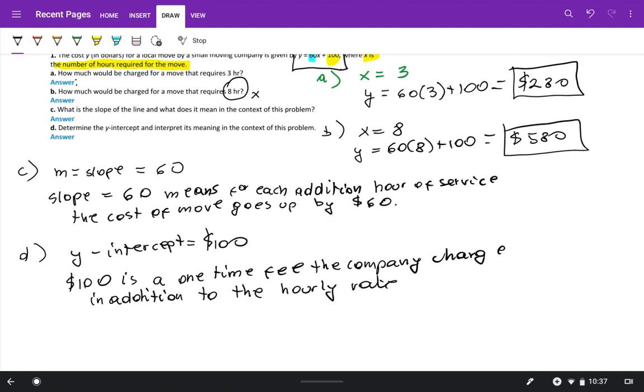Because the slope, again, it's even better to say the slope is just the hourly rate.